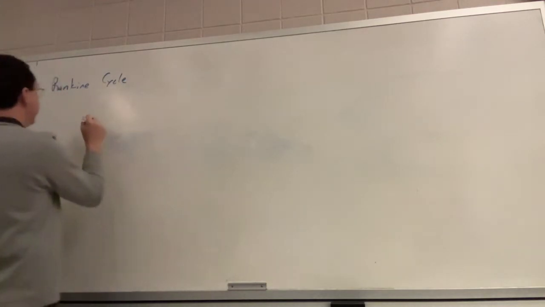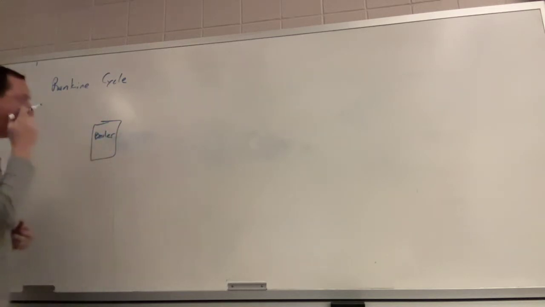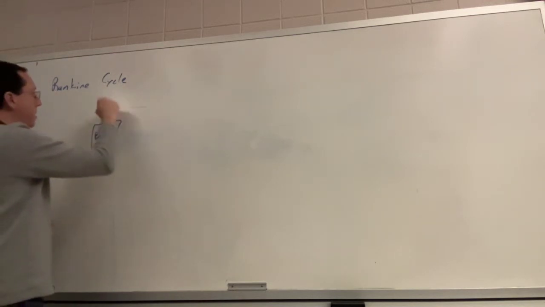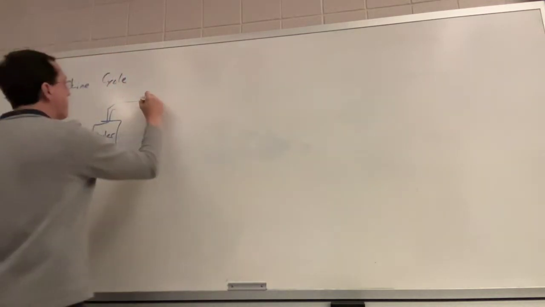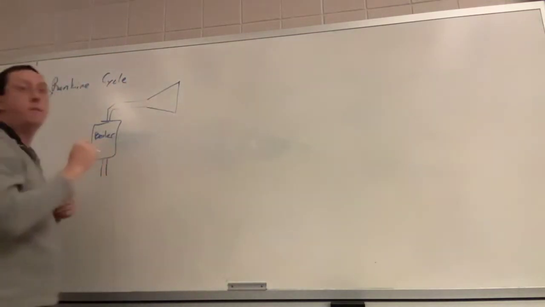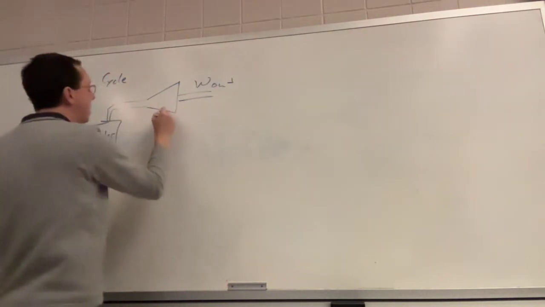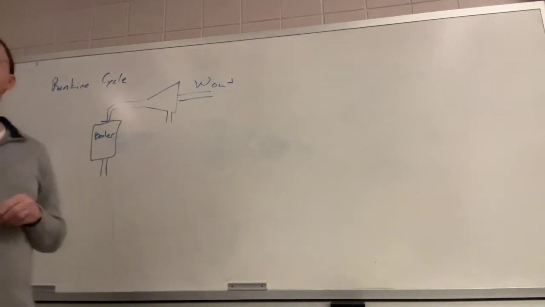I better stay in the screen here. So let's say we've got a boiler. Let's say the working fluid is water. We go in. What comes after the boiler? Turbine. Yep. So we have work out. And then, what else do we have?